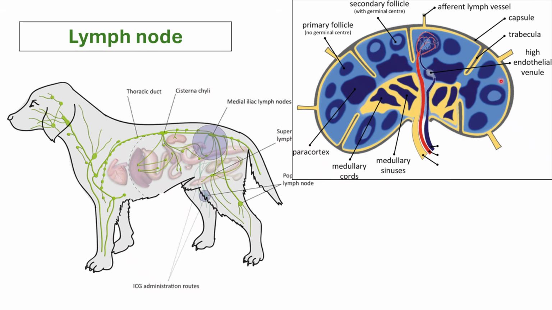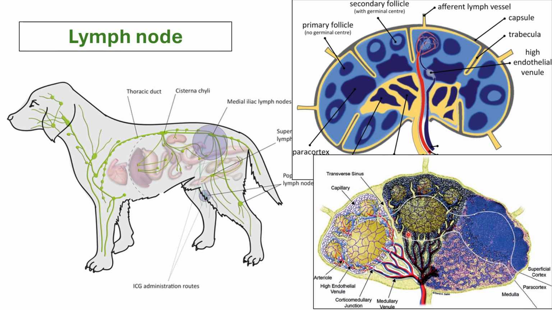And then after being filtered, and after the possible antigenic substances are caught by the lymphoid cells there, your cleaner lymphatic fluid will then exit back into the efferent vessels, and it will go back to your venous system.